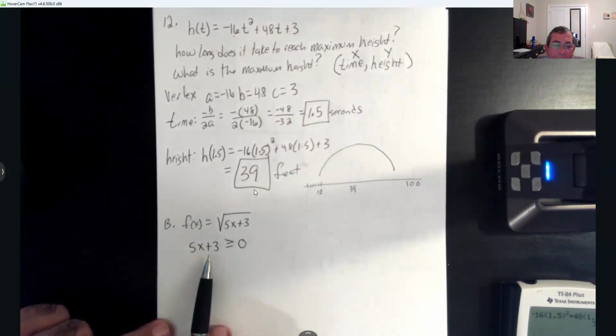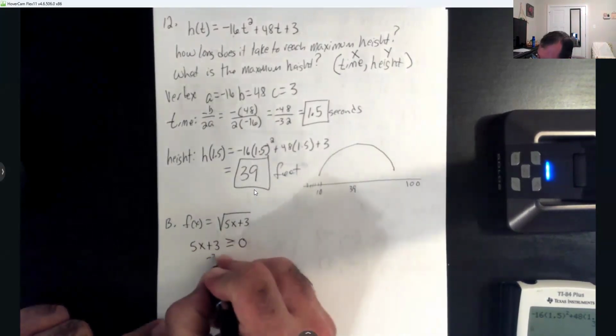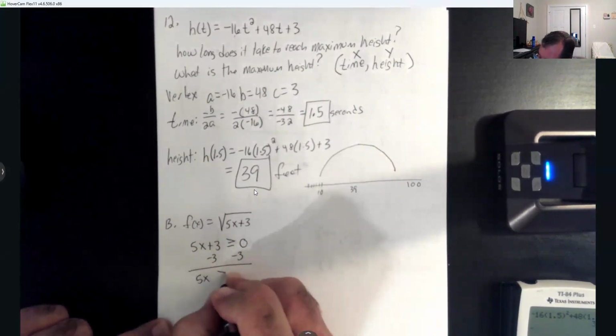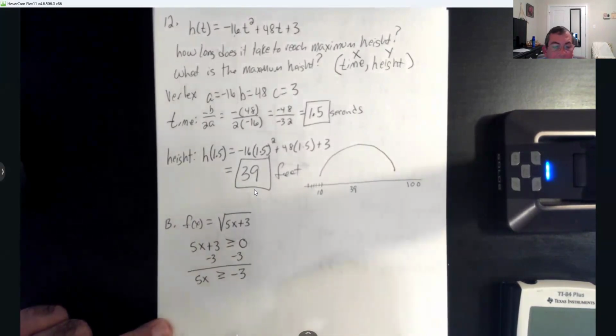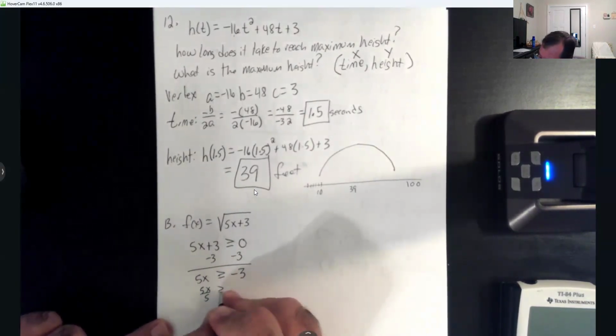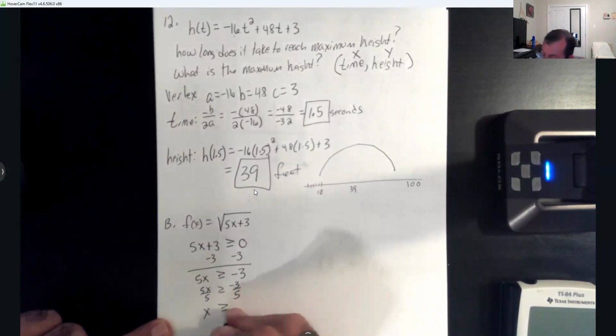I would solve this, subtract 3 first, so I get 5x is greater than or equal to negative 3. Then divide by 5, so my x is greater than or equal to negative 3/5.